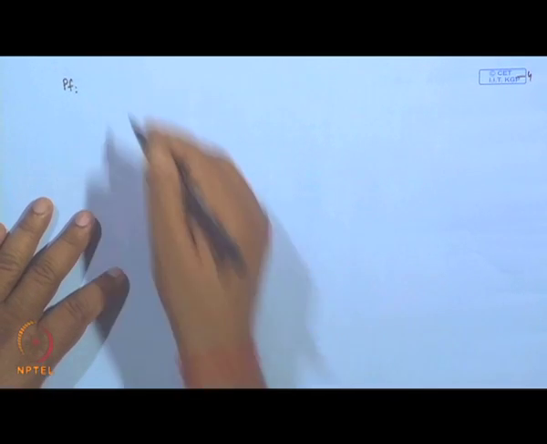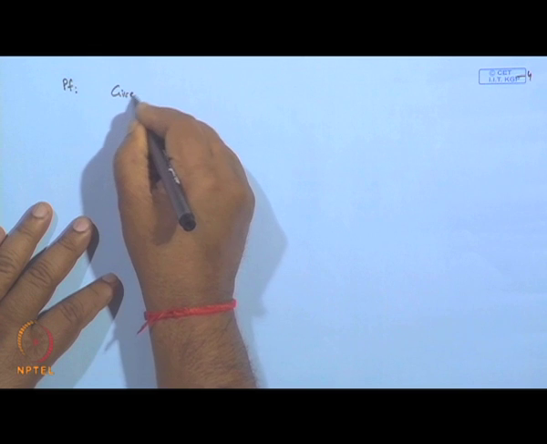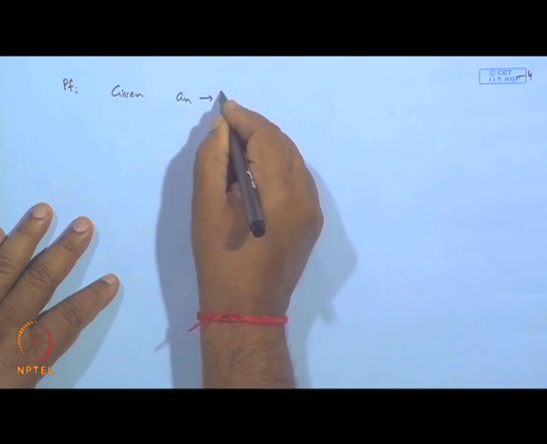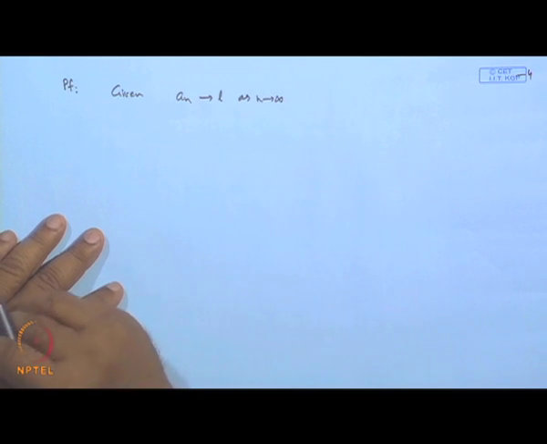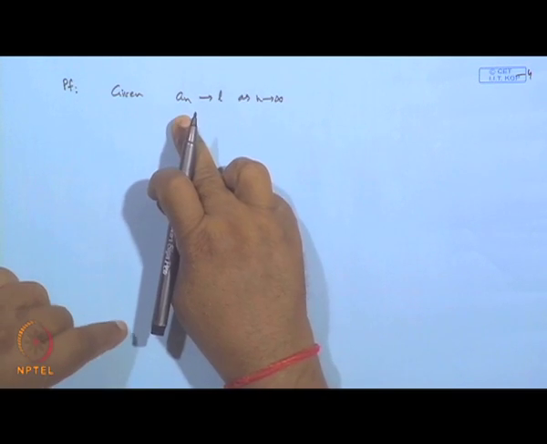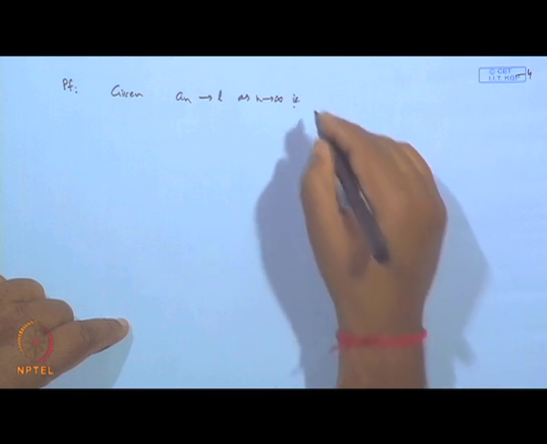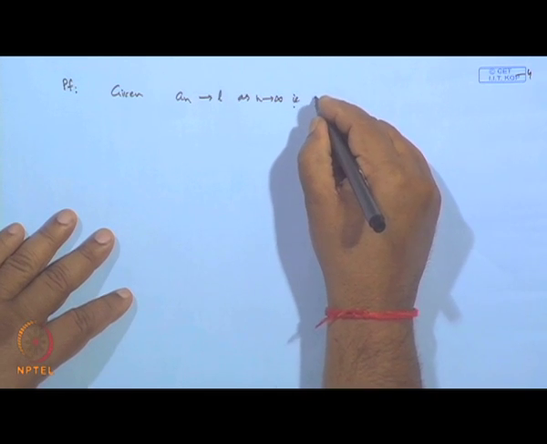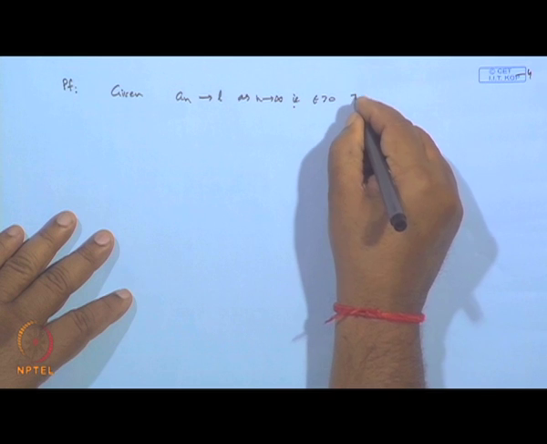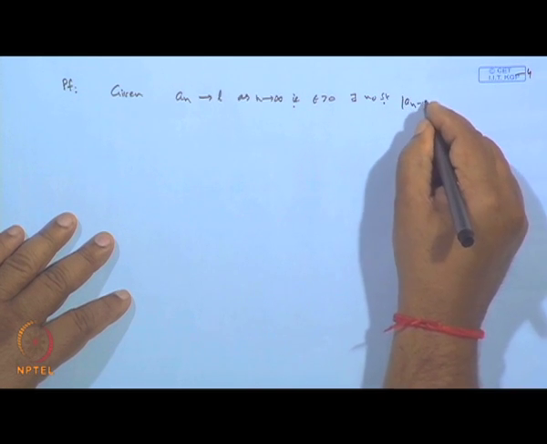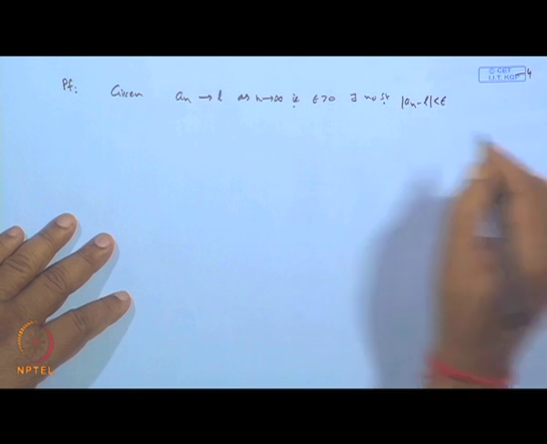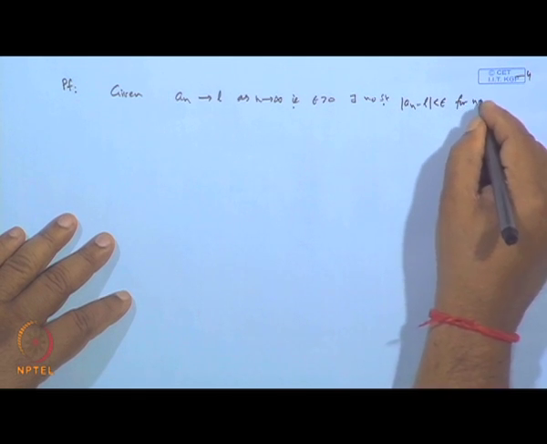Or the solution of this. What is given is a n converges to L as n tends to infinity. It means for a given epsilon greater than 0, there exists an n naught such that the mod of a n minus L is less than epsilon for n sufficiently large.